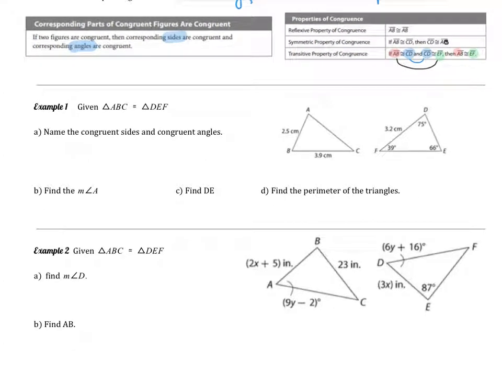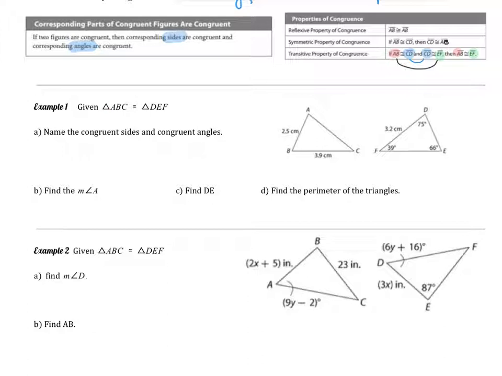Okay, so let's look at number one together. Here we're given that triangle ABC is congruent to triangle DEF. We're going to start by naming the congruent sides and the congruent angles, and we're going to use CPCFC to do this. I'm going to look again at the relative position.